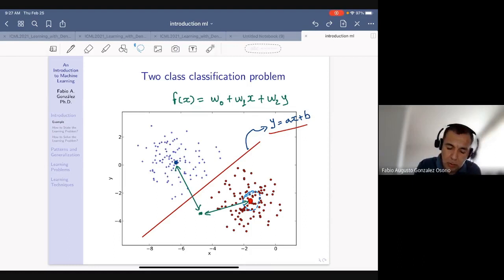When you have a new point, like this one, and you want to classify it, you measure the distance between that point and the positive class, and between that point and the negative class, and then you assign the point to the smallest distance. In this case, you will classify this as red or negative because this distance is smaller than this distance. So that's my classifier.